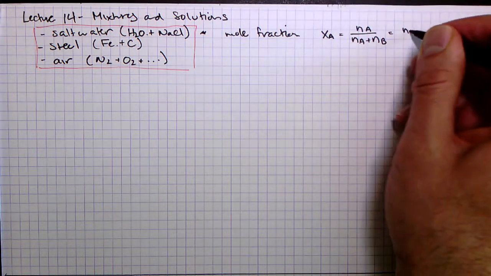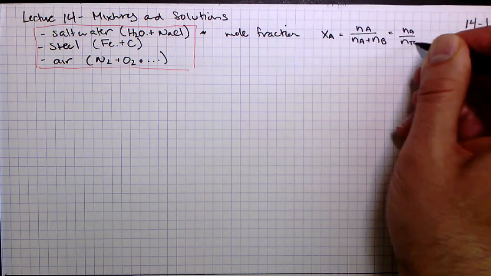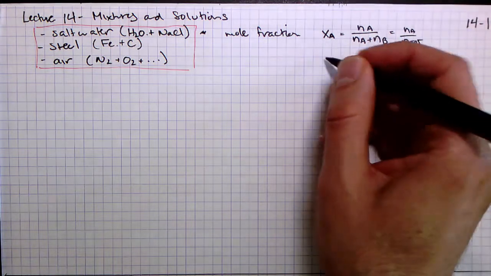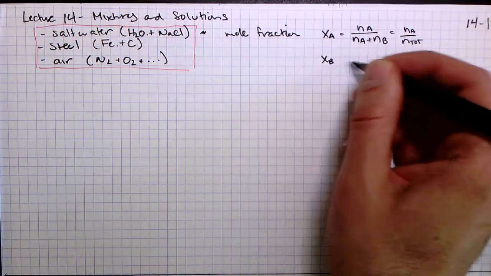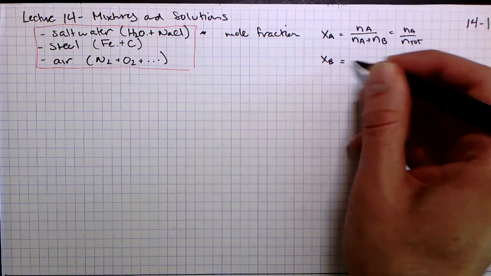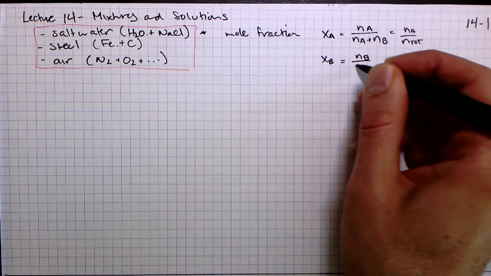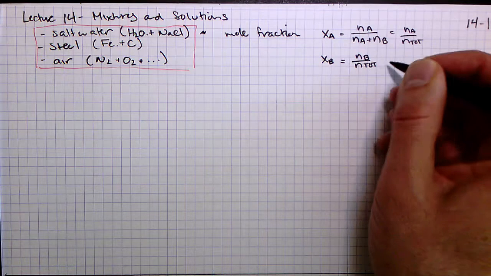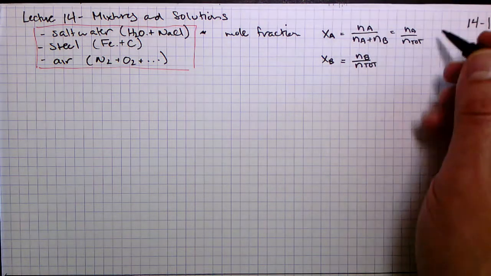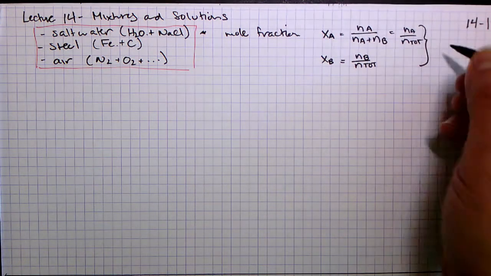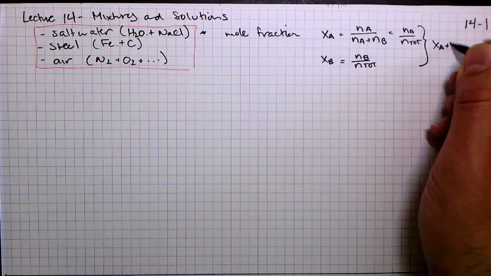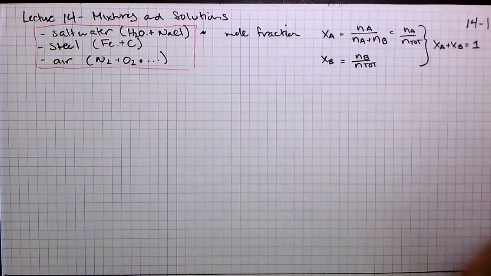So we can write that as Na over N total. And then if we have a binary solution, we'll often refer to the second component as B, and then the mole fraction of B would just be the number of moles of B over the total. And so we know just by definition here that then XA plus XB must equal 1.